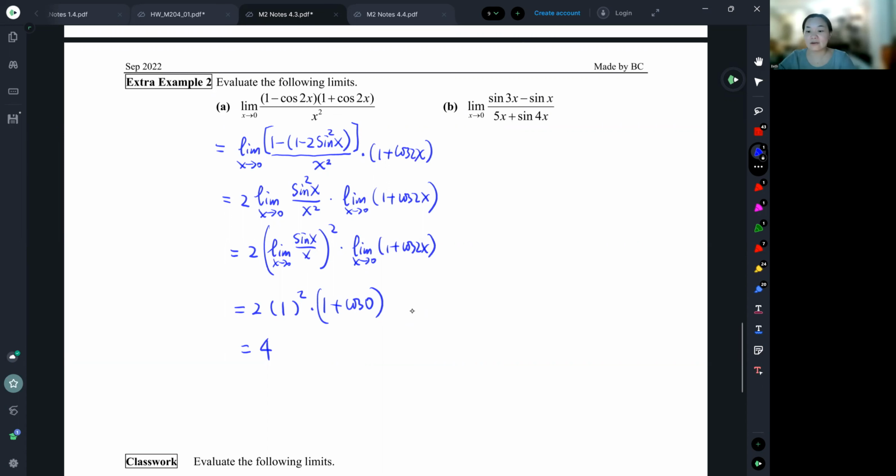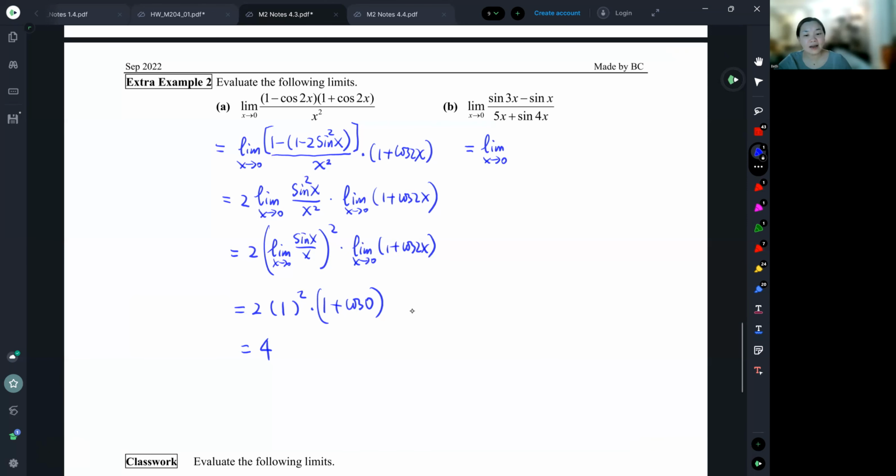Okay. Now for this part, Part B is another type. I know for this one, the sine 3x and sine x you can factorize, right? You can do sum to product.